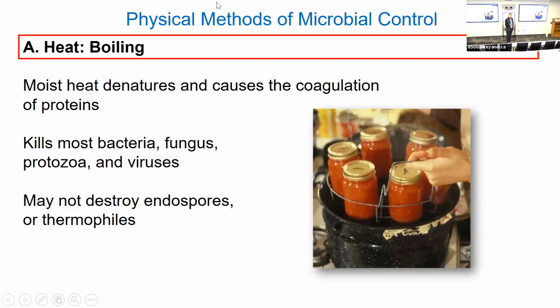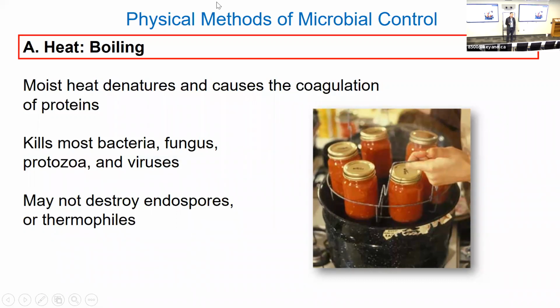Okay, so let's talk about what's useful for medical stuff. Pasteurization, like I said, is used for some fluids, but it's not as common. Boiling is an old classical method, again used for food preparation. If you've ever made jelly or jam or canned food, then you probably tried to sterilize the jars by boiling them, and the food itself is cooked.